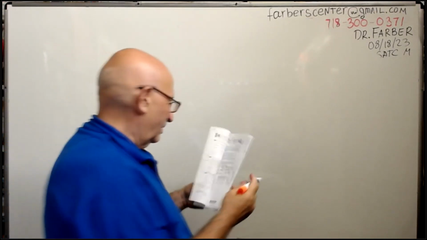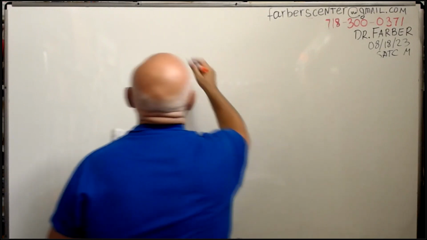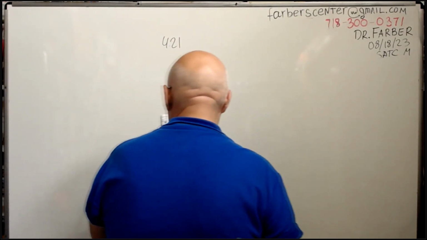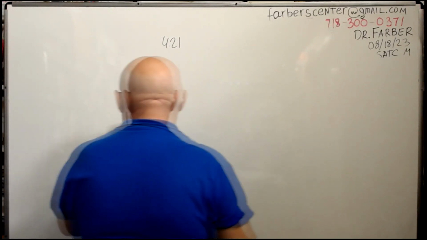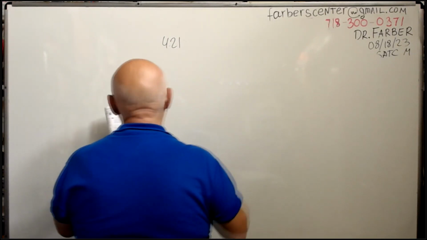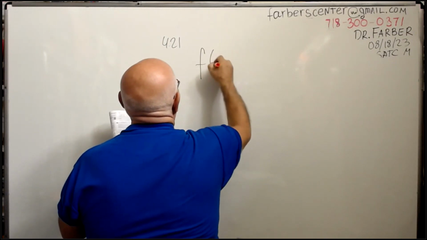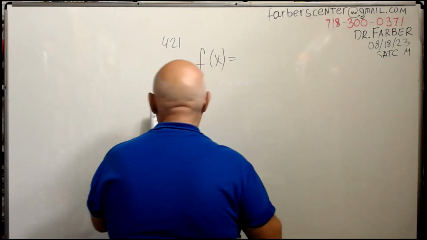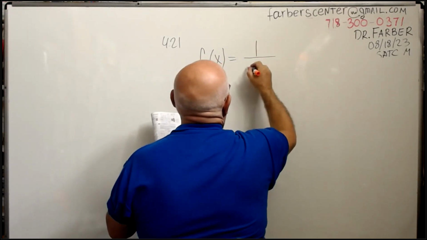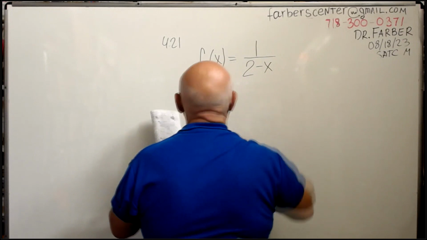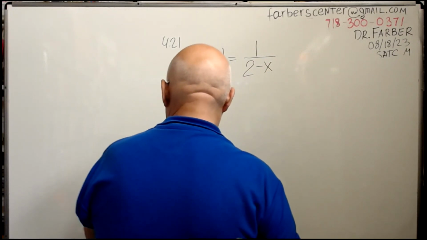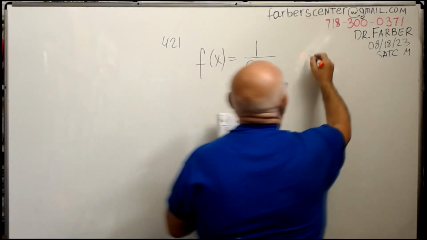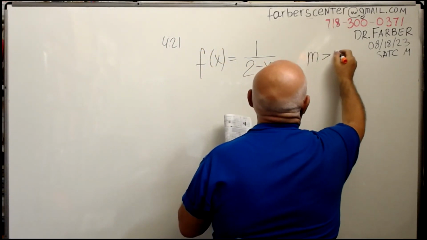Okay, let's do this. 421. What do we have? f of x is defined as f of x equals 1 over 2 minus x. m is positive, m is greater than 0, an integer.